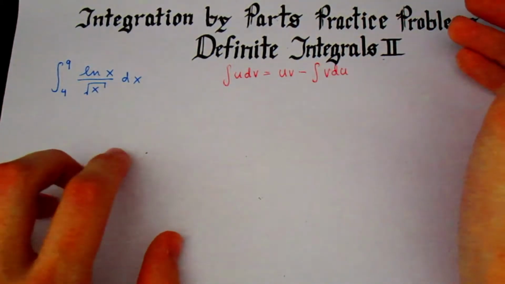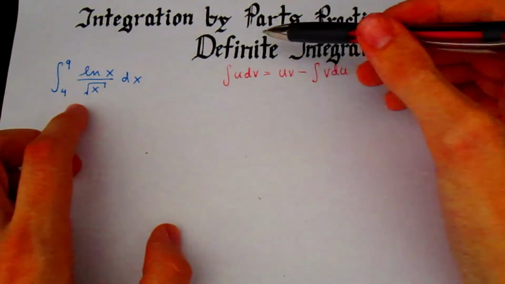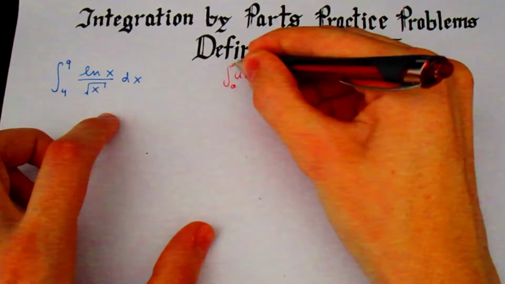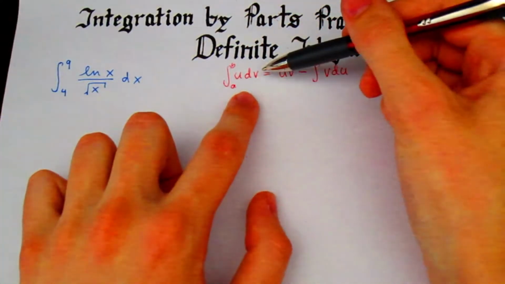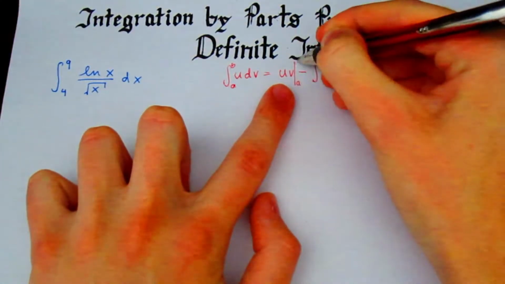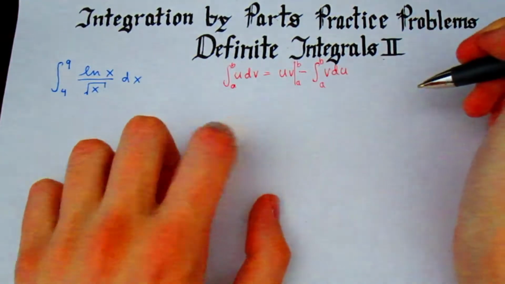There's a slight modification when you're dealing with the definite integral. The definite integral goes from a to b, so the answer is going to be uv evaluated from a to b minus the integral from a to b of v du.